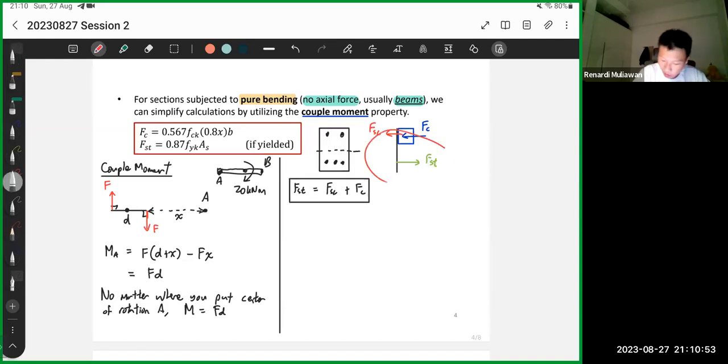So I can redraw this diagram as something like this. So unlike this, FC, and I have FSC. And then again, FST is just the sum of the two, if there's no axial force. So actually you can redraw it as something like this.